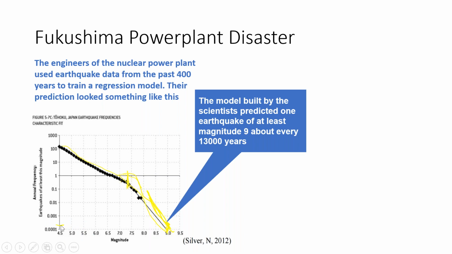If you take it to the y-axis, it is 13,000 years once for an earthquake of magnitude 9 to occur, which is a really long time. So there is no point designing a power plant by spending a lot of money for some event that will happen only once in 13,000 years.